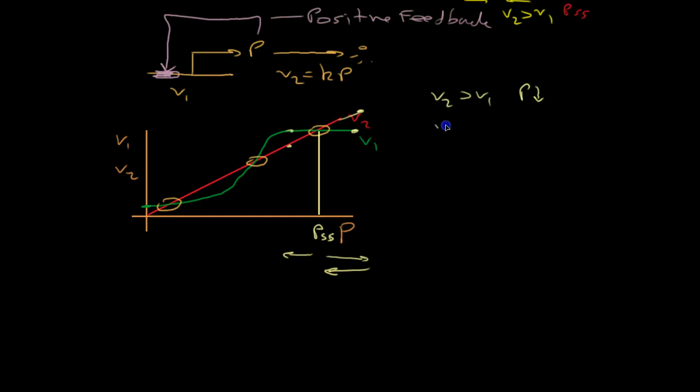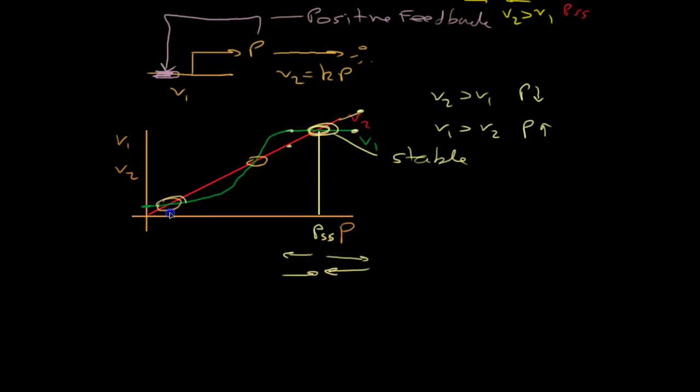You'll see that V1 now is greater than V2. And if V1 is greater than V2, then P must go up. So this one pushes it back. So this point here is stable. Whatever perturbation I might make here pushes it back to this point.